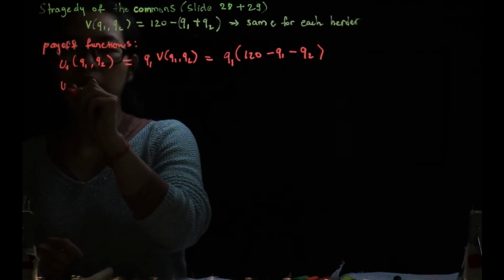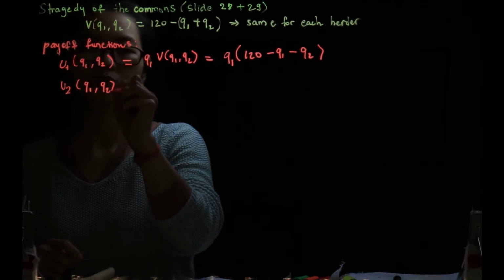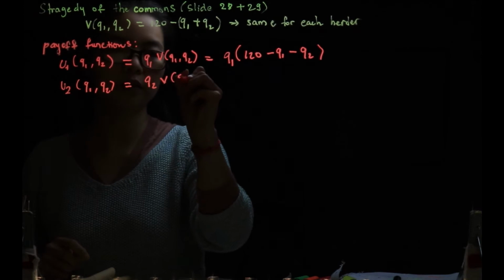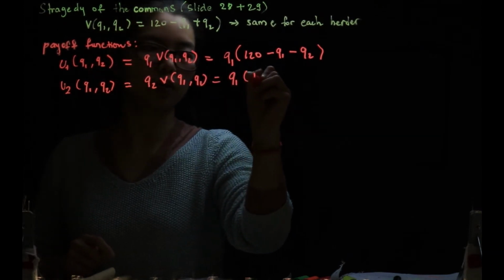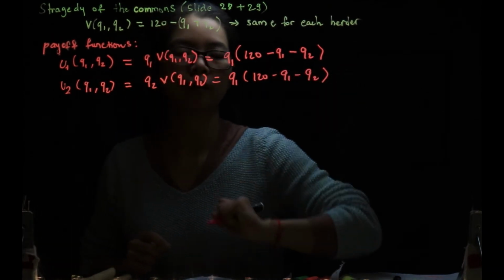And for herder 2, it will be Q2 times V again, right? Equals Q2 times (120 minus Q1 minus Q2).